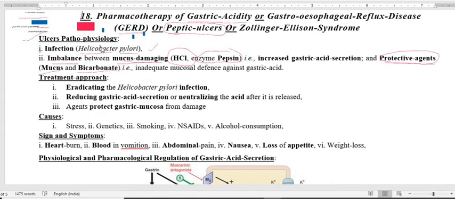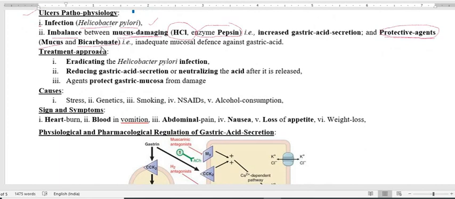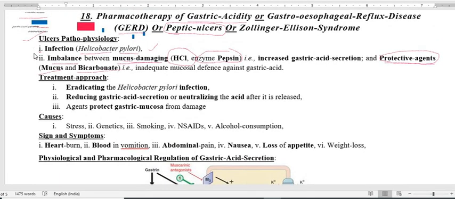By all these means they check the formation of peptic ulcer. Similarly, we go through the etiology, or cause, of ulcer, and we are going to check these to inhibit the formation of ulcer. Like if there is infection which forms the peptic ulcer, we are going to kill the bacteria or inhibit the infection by using a drug.